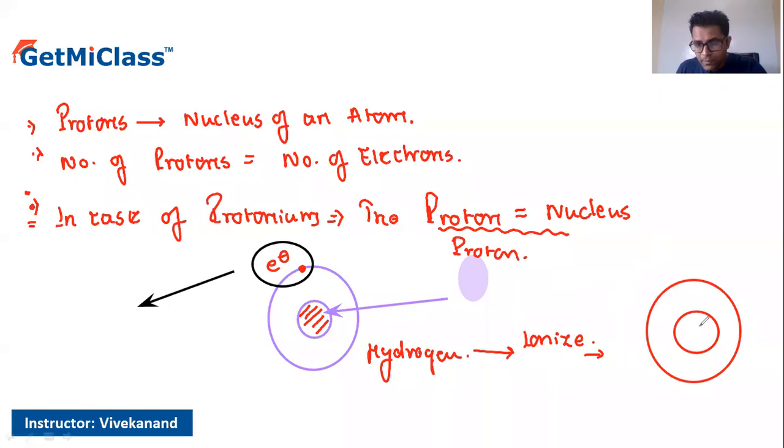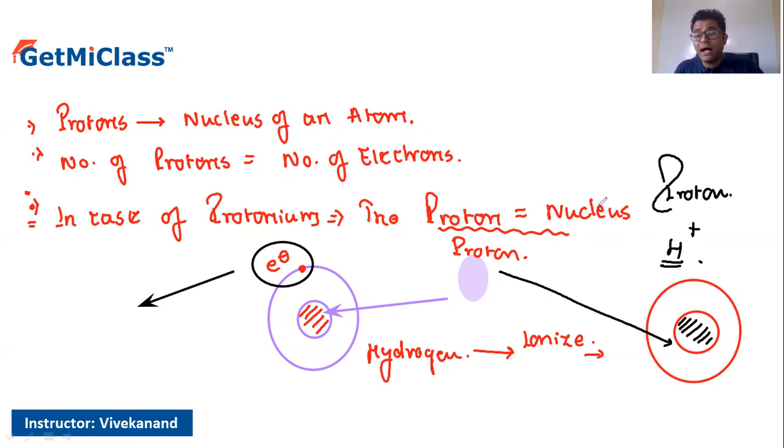Now there is no electron and only the proton is present. This condition is nothing more than H plus, or we can call it just a proton. So the proton is nothing more than an ionized hydrogen. Thus the proton is obtained when the only electron present in the hydrogen is removed, as the hydrogen consists only of one electron and one proton.